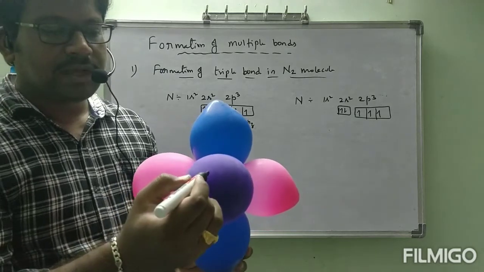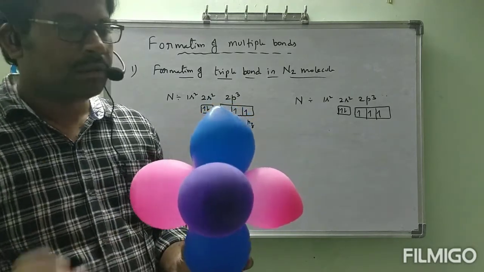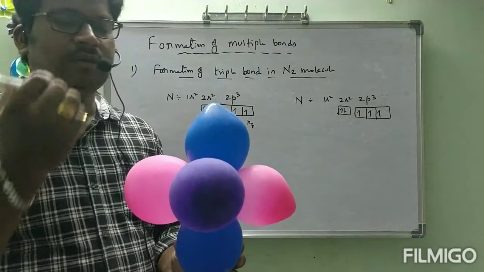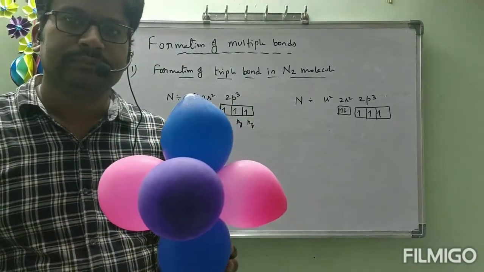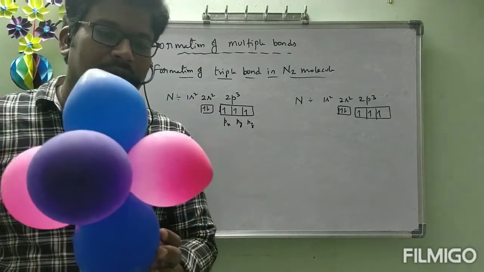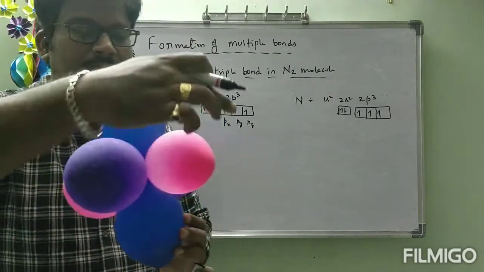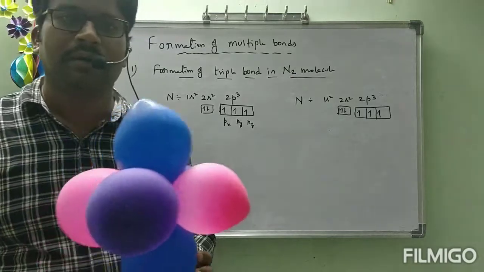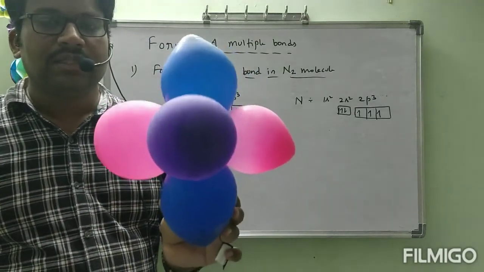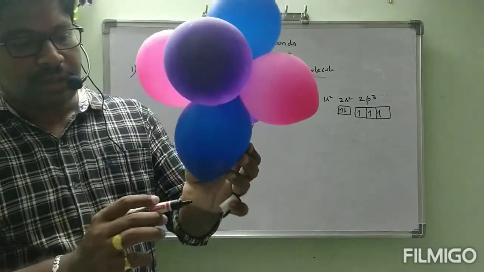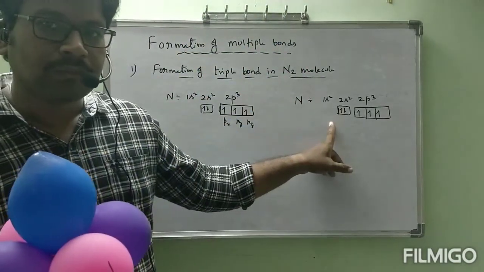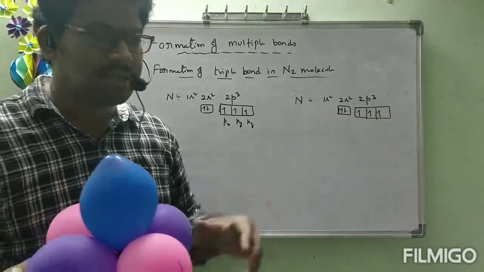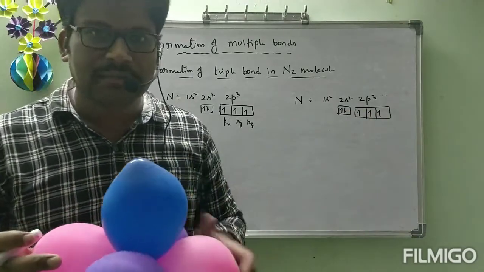The violet one contains one electron, the blue colored one contains one electron, and the pink color contains one electron. The entire pink orbital is contained by one unpaired electron. These three belong to one nitrogen atom. Like this, we have another nitrogen atom. Here also px, py, pz, three orbitals are there.